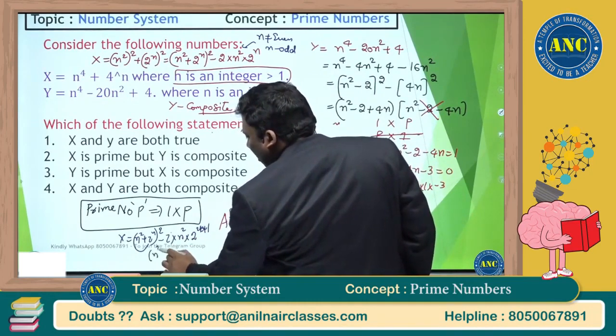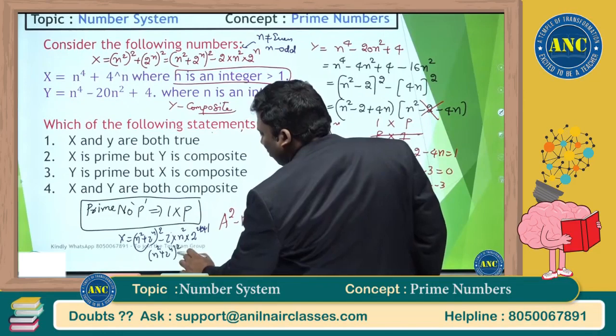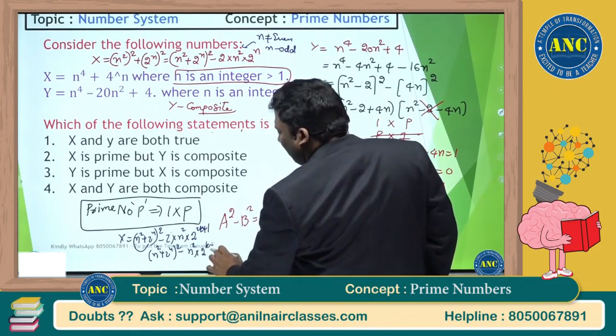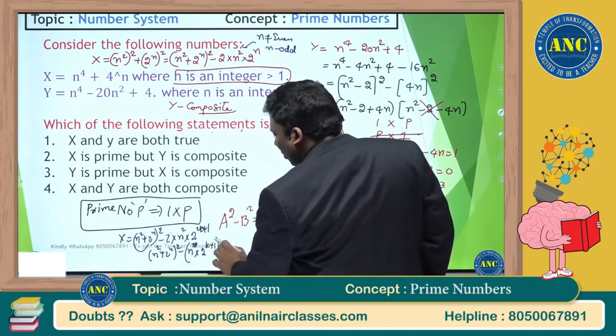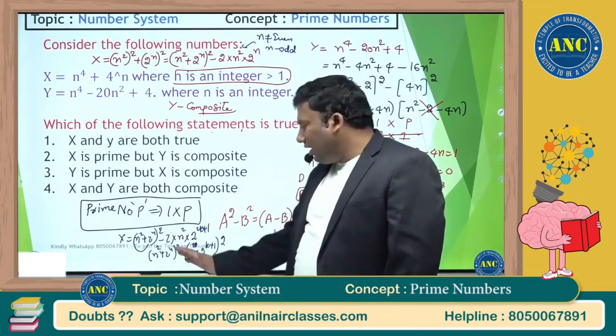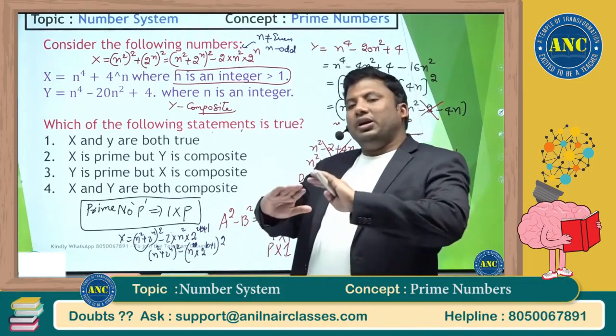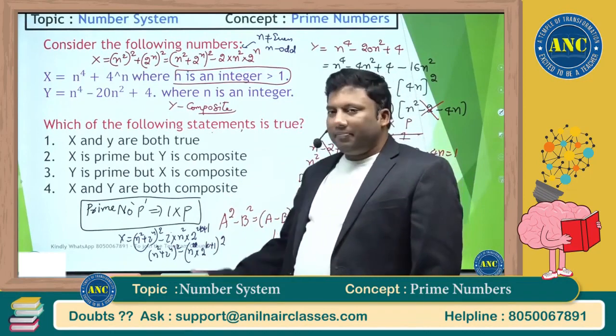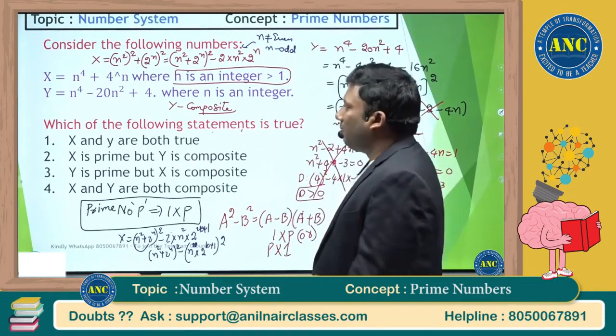That means (n square plus 2 power n) whole square minus n square into (2 power k plus 1) whole square. Yes or no? Here n I will change it. A square minus b square, put it as a minus b into a plus b. Equate it with 1. It will not be possible.